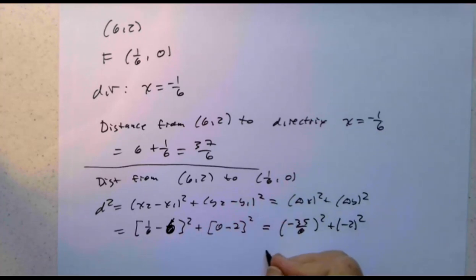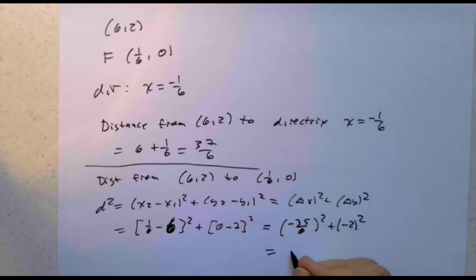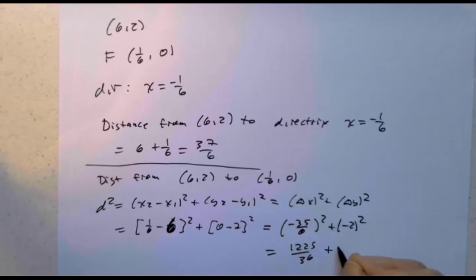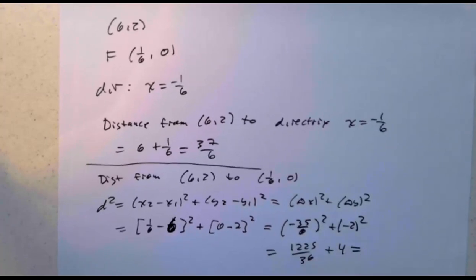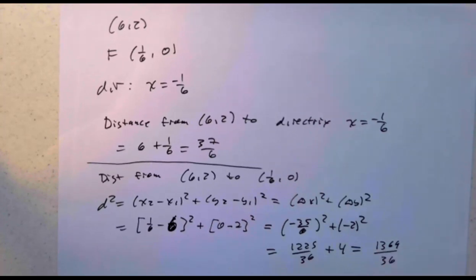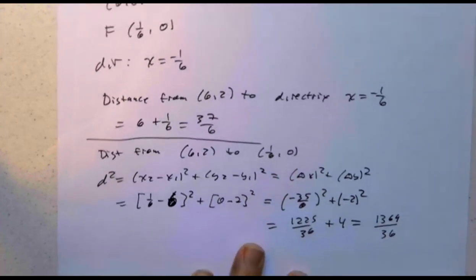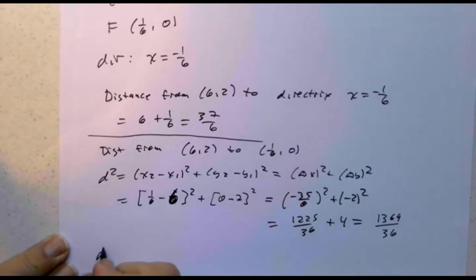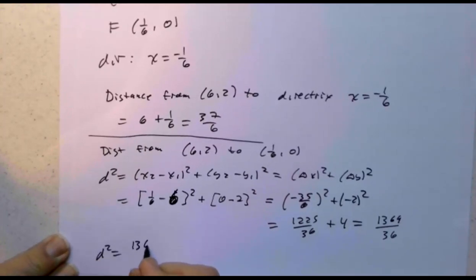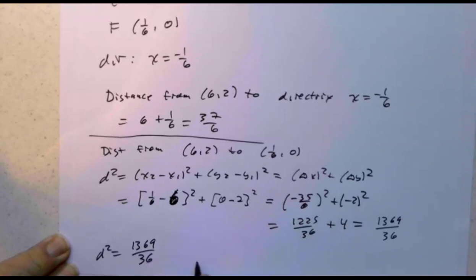So these numbers get pretty nasty. Negative 35/6 squared is 1225 over 36, plus 4, which is 1369 over 36. So the distance squared is 1369 over 36. What is the distance? Square root of that?